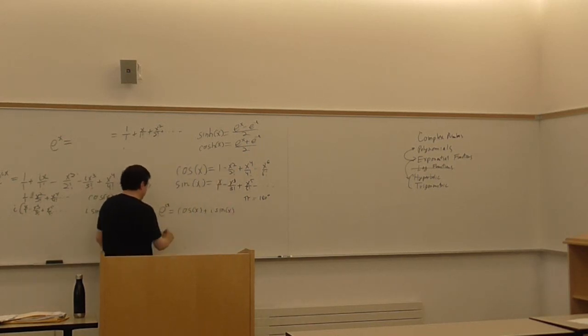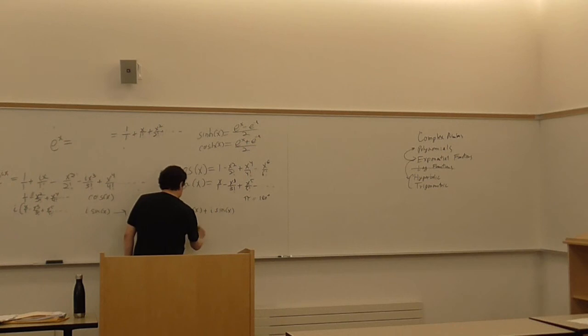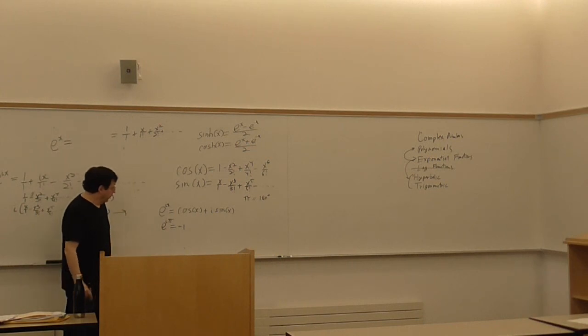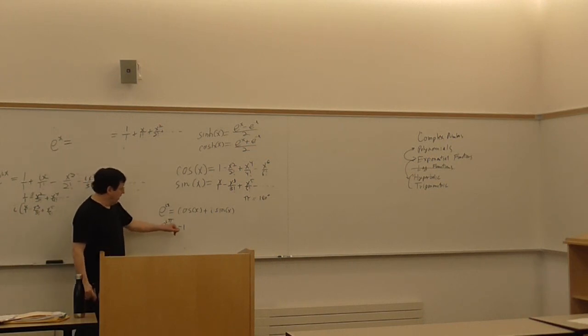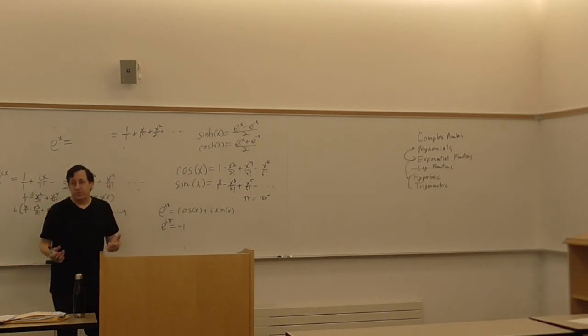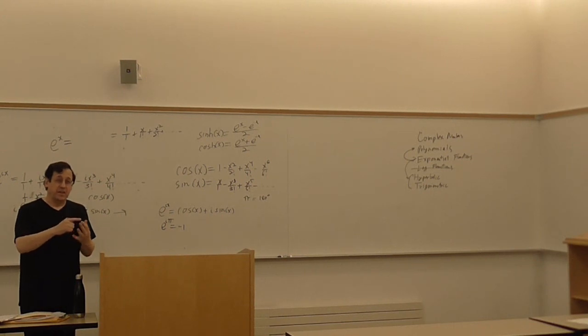And if I plug in pi here, e to the i pi, well, cosine of pi is minus 1. Sine of pi is 0. So I get this really famous Euler identity, e to the i pi equals minus 1, which excites a lot of people because you get all the big math numbers in it. You get e, you get i, you get pi.